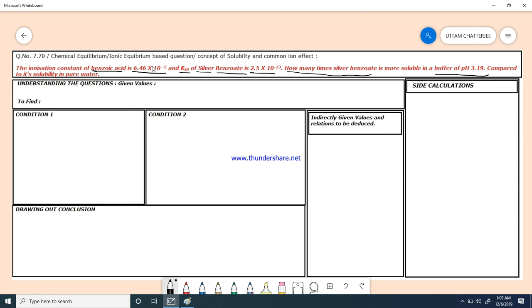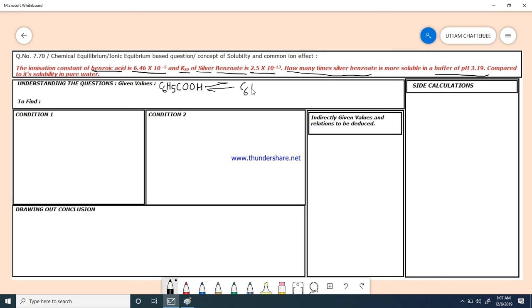Now this problem statement gives us a number of values. It is given that the ionization constant of benzoic acid. Now the ionization constant of benzoic acid is nothing but the acid dissociation constant. So how do we write the acid dissociation constant? The acid here is C6H5COOH. Since it is an organic acid, it will not dissociate to the fullest extent.